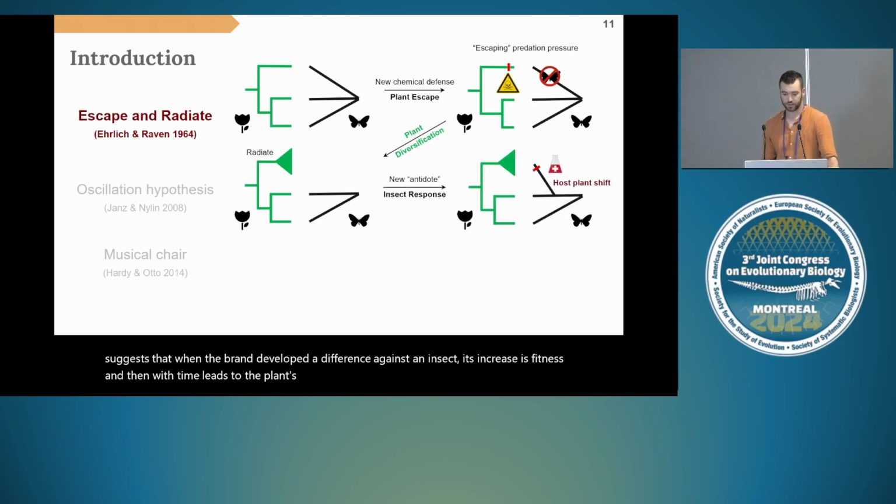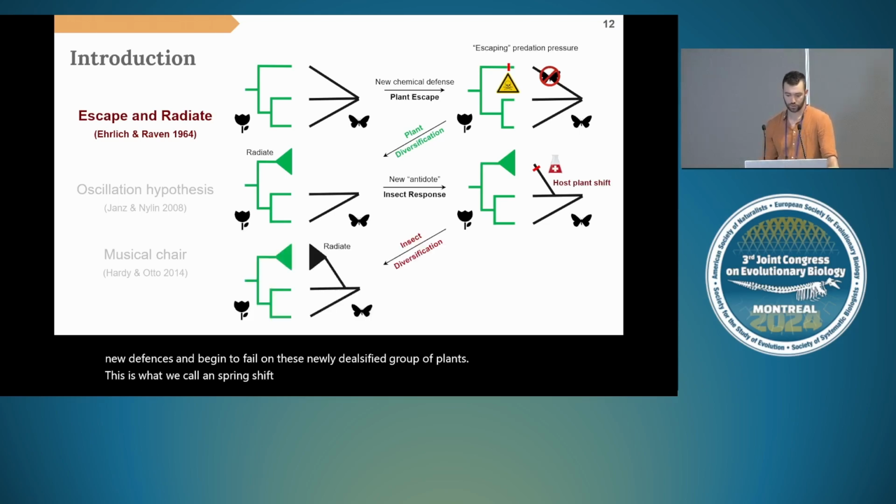After that, insects can adapt to these new defenses and begin to feed on this newly diversified group of plants. This is what we call a host plant shift, and it provides insects with a new niche, and then they can diversify in turn.